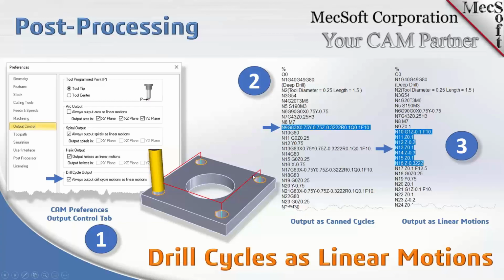It'll start at your clearance height, and these Z depths will, in this particular case, I believe we have a deep drill, so it's pecking down in Z, and then it'll retract in Z when it's done. So if you don't want the canned cycles, you can check this box and it'll bypass those.